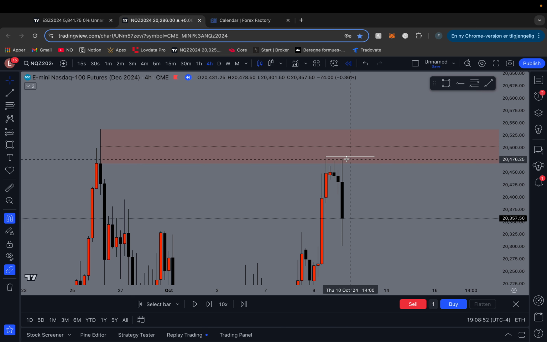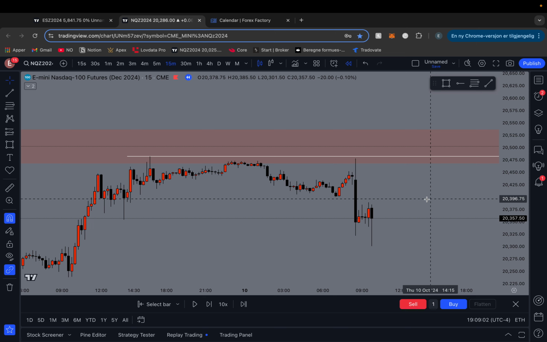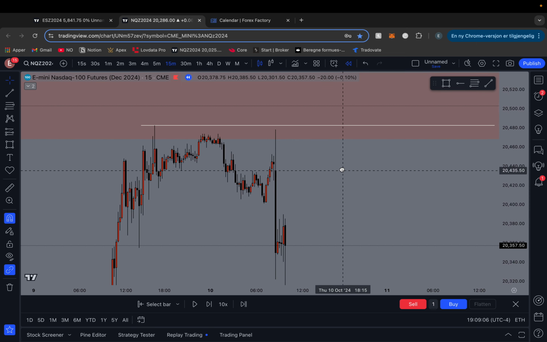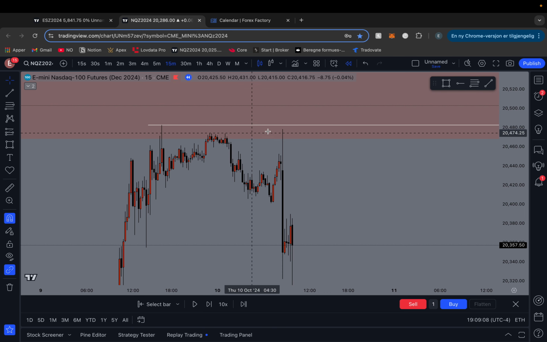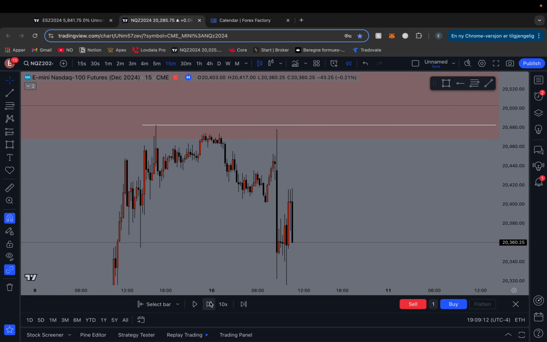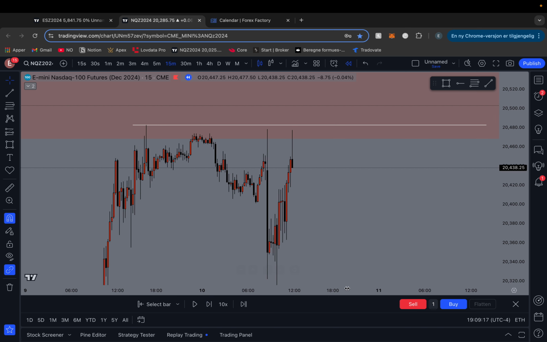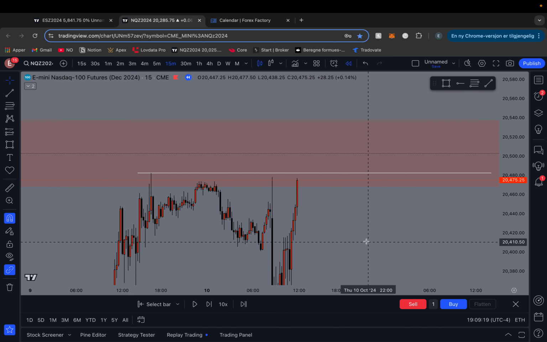So this is even better because we're getting equal highs, which, I mentioned in the engineered liquidity video, is some of the best liquidity you can get as engineered liquidity, because there's going to be a bunch of stop orders above here. So let's just fast forward a bit. Right there, yeah.